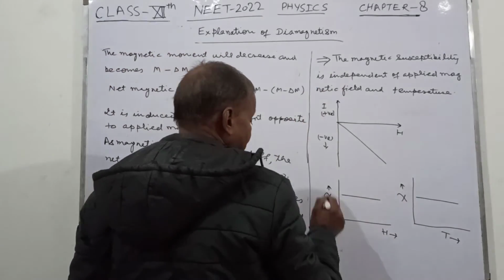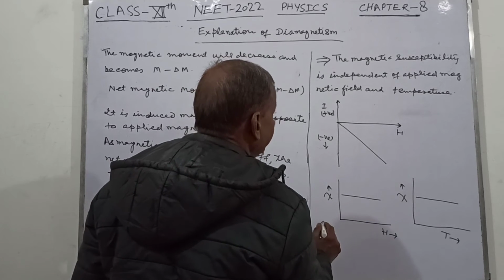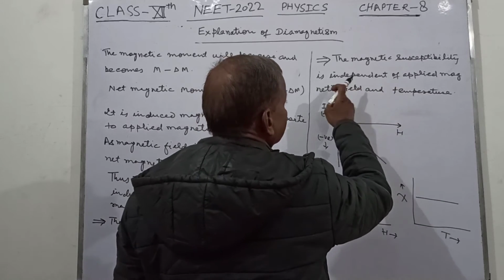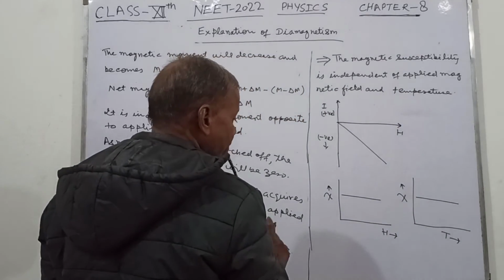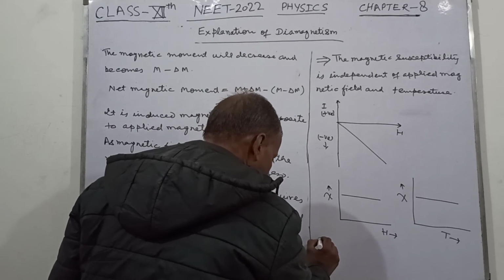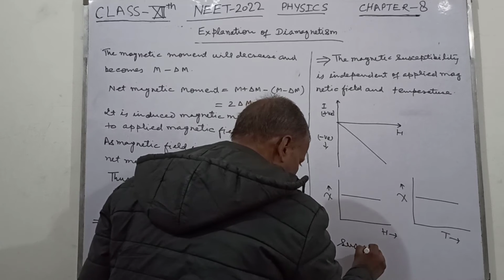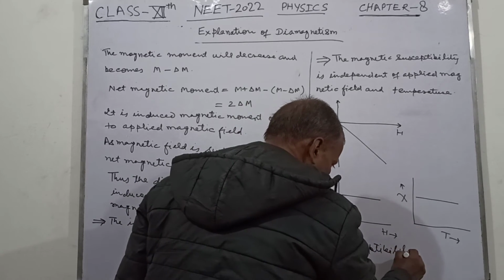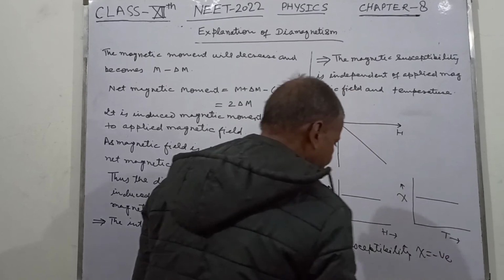Now, susceptibility is independent of magnetic field and temperature, but susceptibility is negative. Susceptibility chi is equal to negative.